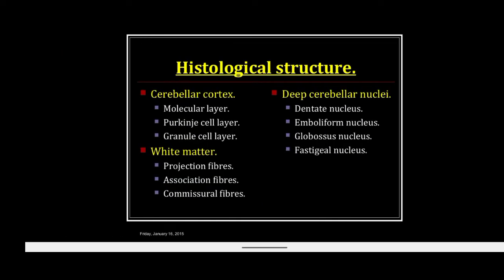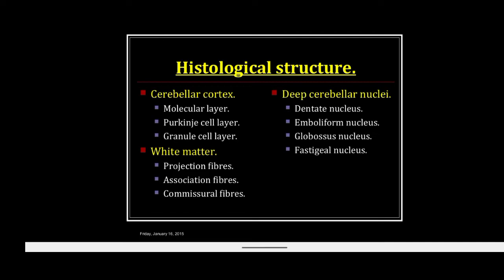Come to the histological structure. The cerebellum has an outer cortical layer, and deep to the cortical layer is the cerebellar white matter, and there are 4 deep cerebellar nuclei which are interspersed in the white matter.